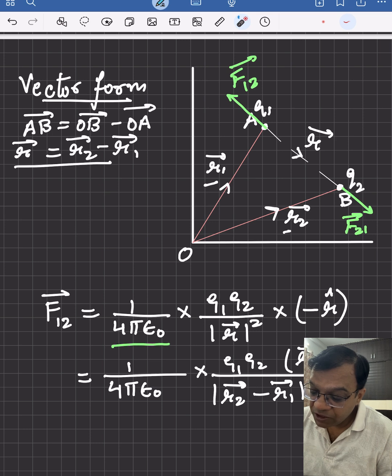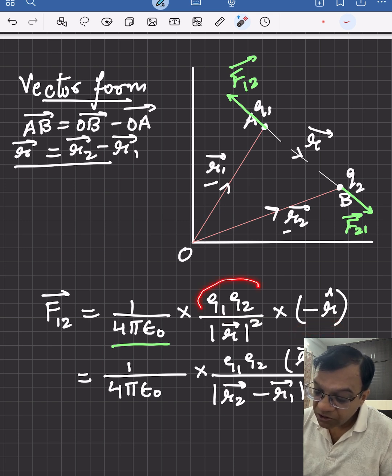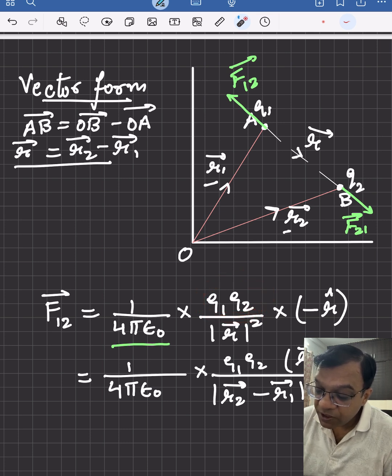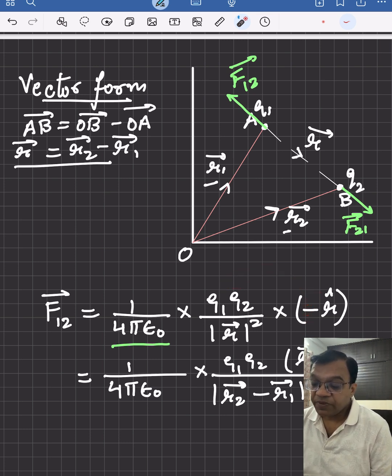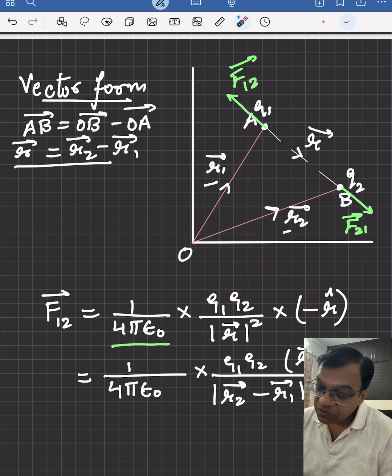If both are negative, Q1 Q2 is again positive, so the force must be along minus R cap. If Q1, Q2 are of opposite sign, then this term will be negative, so the force has to be along R cap. That's why we have kept minus R cap: minus times minus gives plus, and it becomes along R cap. This is the need of keeping this minus R.